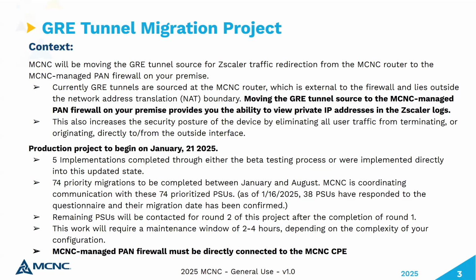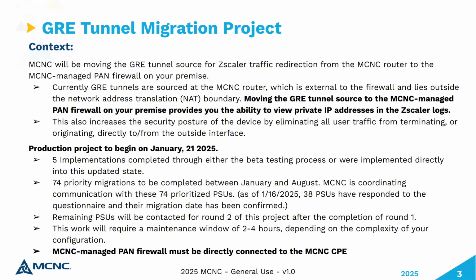redirect traffic to the GRE tunnel, which will give you the ability to view the private IP addresses in the Zscaler logs. This is something that the community's been asking for years. And finally, now that we've moved to the PAN, we're able to do that. So that's a big win.